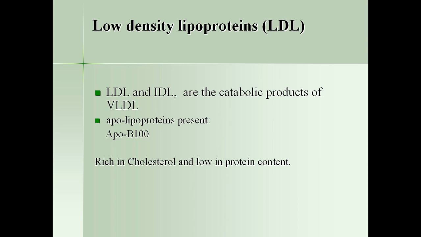So it's associated with cardiovascular diseases including atherosclerosis and hypercholesterolemia. The only apoprotein present in LDL is ApoB100. Most of the LDL particles are derived from VLDL, but small parts are directly released from the liver.